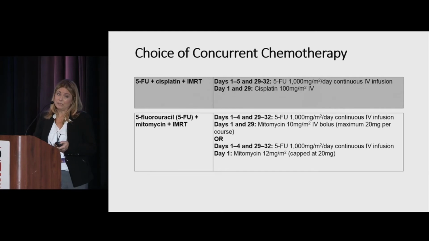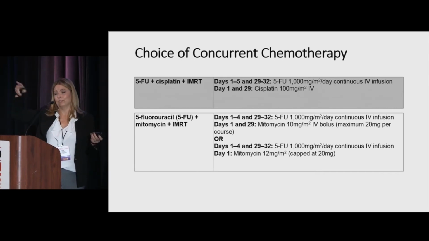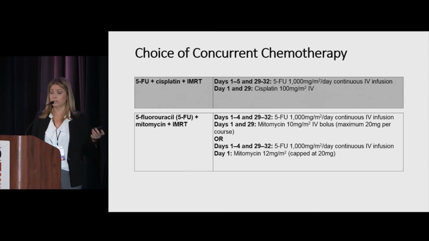So it wasn't set up as a non-inferiority trial, but it did tell us it was probably okay to use platinum, at least for patients that have an issue with hematologic toxicity, even though that's not the primary or second randomization primary endpoint of that trial. So if we're worried about hematologic toxicity, which we do when they have CD4 counts less than 200, we typically do the 5-FU and the platinum. But otherwise, I always do 5-FU and mitomycin still.